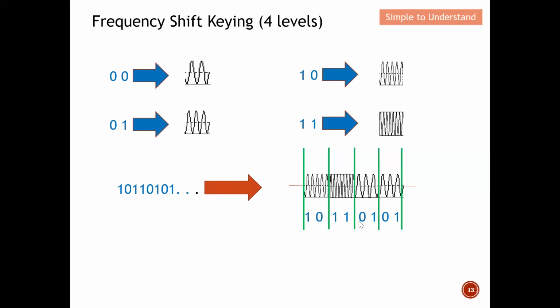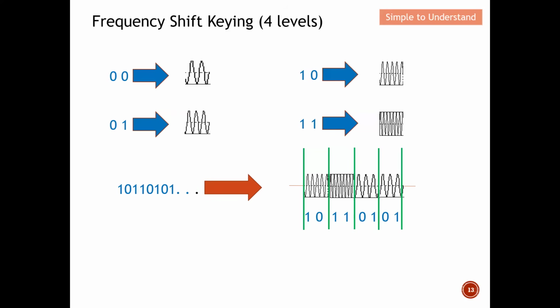This is the attractiveness of shifting more levels. The more levels I can achieve, the more bits I can obtain, which further enhances my throughput. So this is frequency shift keying with 4 level.